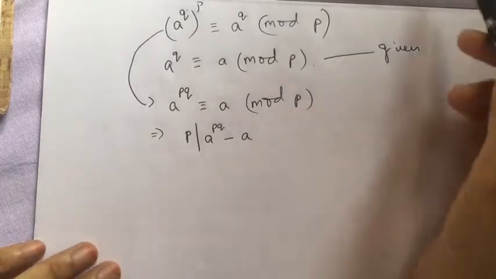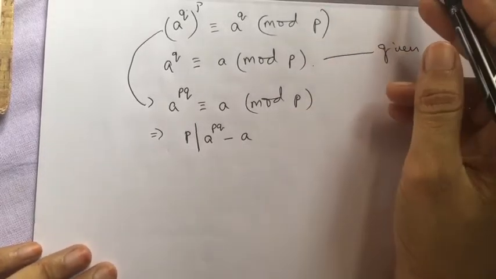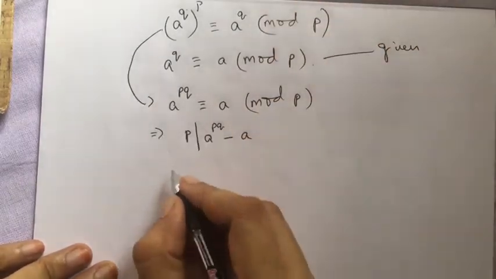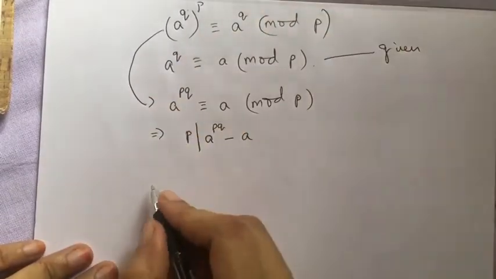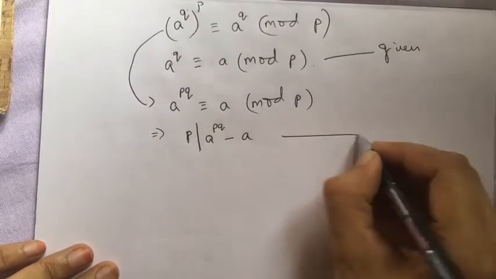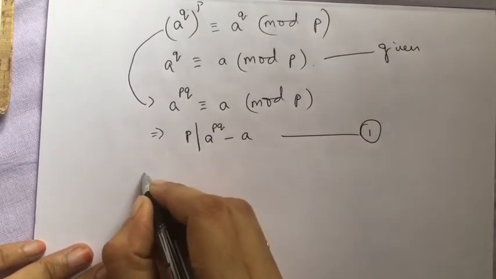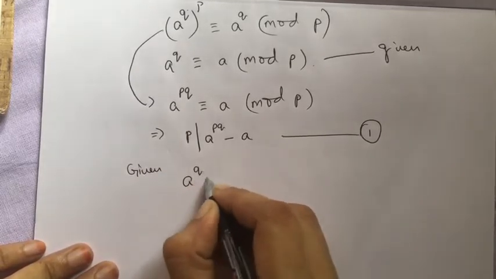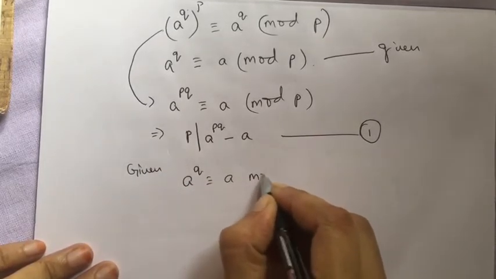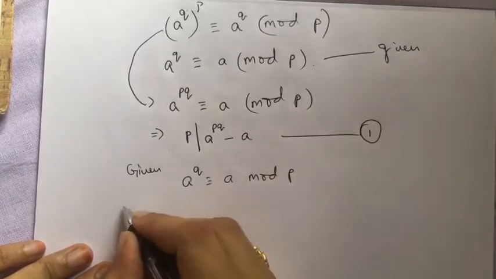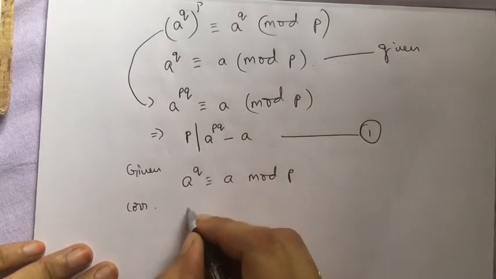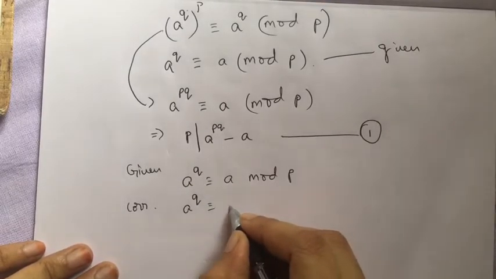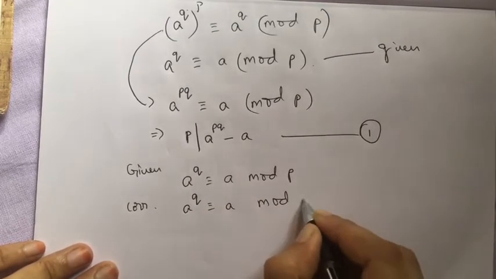Now again the same thing I apply from the corollary. It is given a power q is congruent to a mod p, and from the corollary I can write a power q is congruent to a mod q.